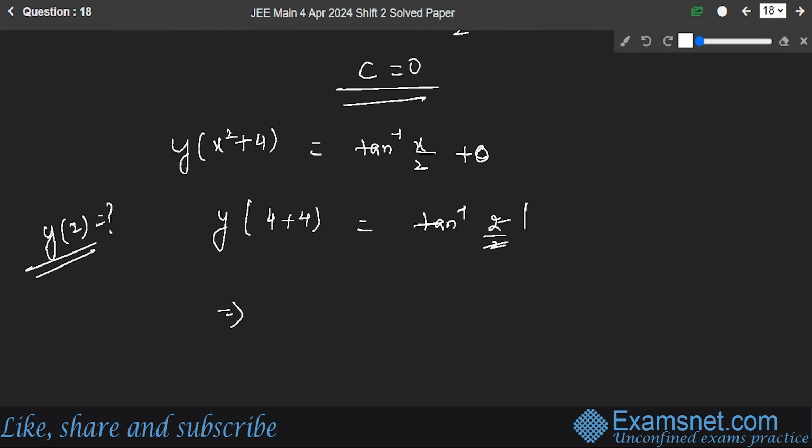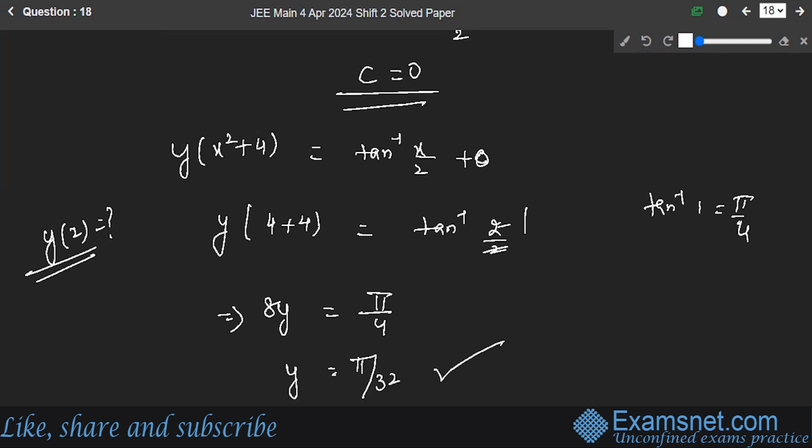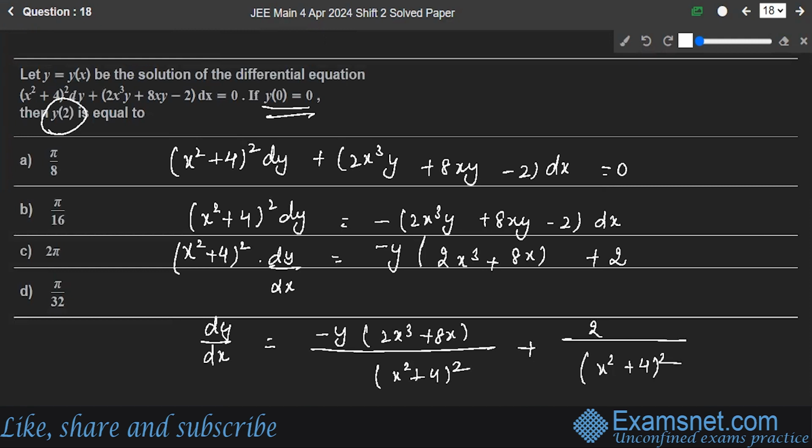And you have 8y is equal to tan⁻¹(1), which is equal to π/4. You know tan⁻¹(1) is equal to π/4, since you have the value of tangent as 1. This gives me y is equal to π/32. So this is the answer to the question, π/32. Option D.